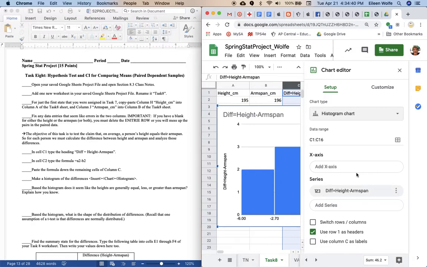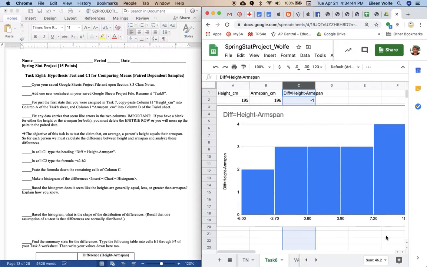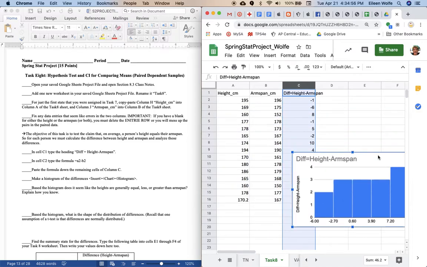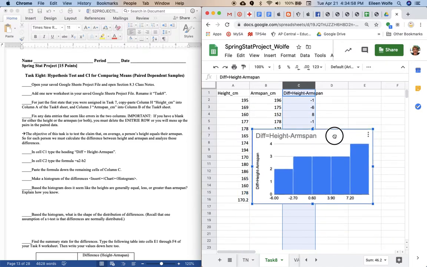Okay, so I'll just see what the default histogram is that they made for me. And I'm going to have to move that out of my way and make it a little smaller because I need to do other things. Let me just move that over here.